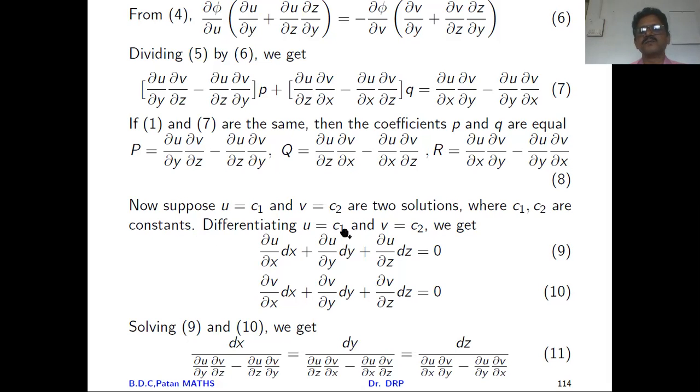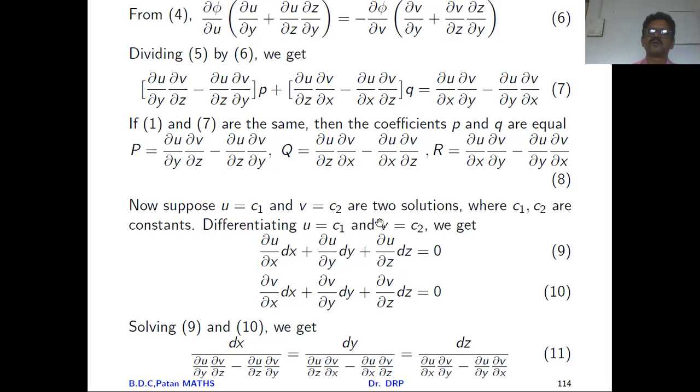So differentiating u equal to c1 and v equal to c2, we get u is a function of x, y, z, v is a function of x, y, z. So differentiating u equal to c1, it gives the total derivative du equal to 0. But what is du? ∂u/∂x into dx plus ∂u/∂y into dy plus ∂u/∂z into dz equal to 0.